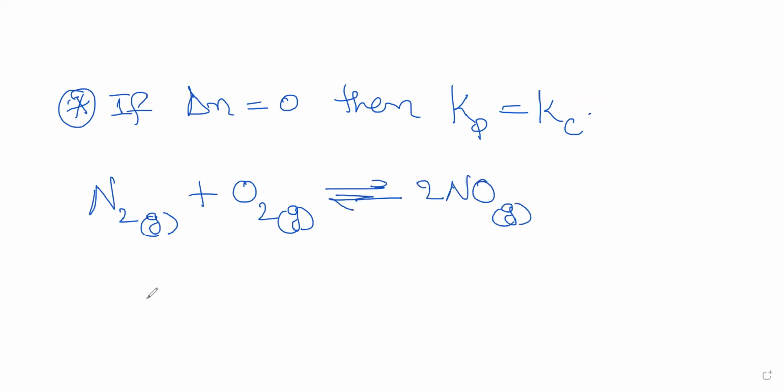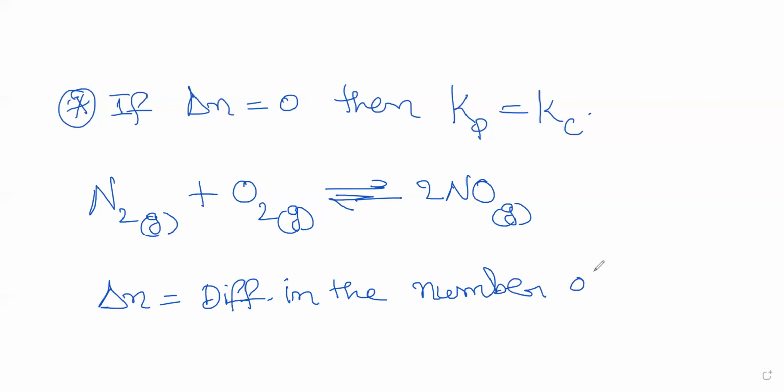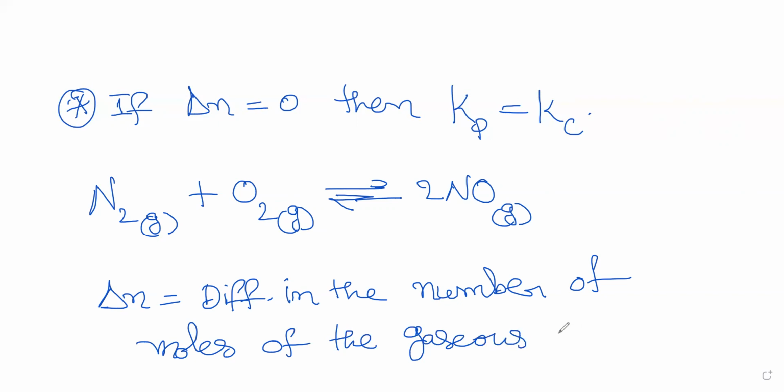See, always remember delta n is the difference in the number of moles of the gaseous species. So what do we understand here?